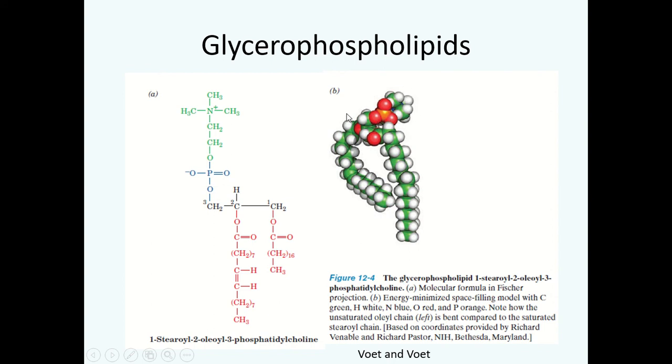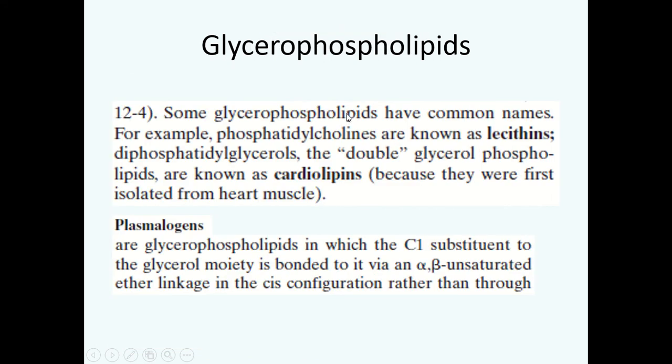So this is the structural representation of phosphatidylcholine. Certain types of glycerophospholipids have common names. For example, phosphatidylcholines are called lecithins. Lecithins are widely used as emulsifiers in different types of food products.